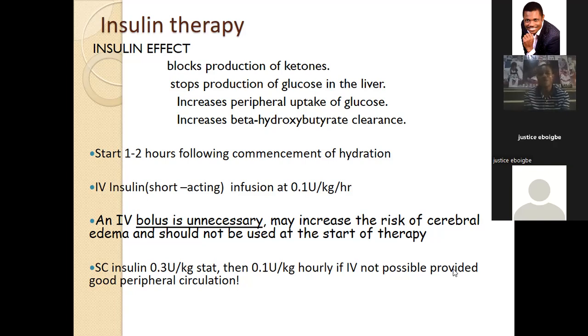So every 1 hour, you give 2.5 units of insulin. In case they bring it out in an MCQ and ask how much insulin you will give per hour, you just calculate. You know that it is 0.1 unit per kg per hour. I hope that is clear. As the patient is getting fluid in one hand, they are getting insulin in the other hand. I think I'm going to stop here.